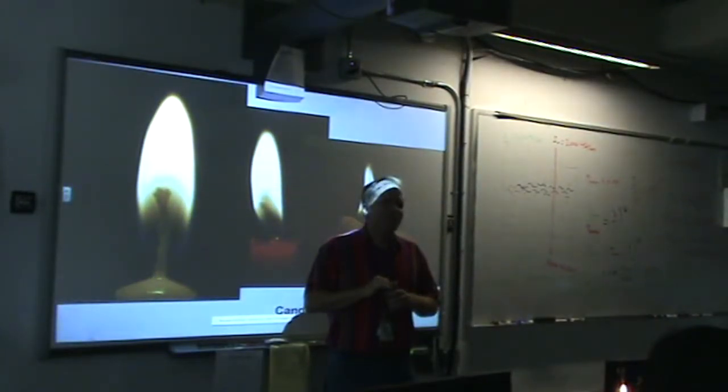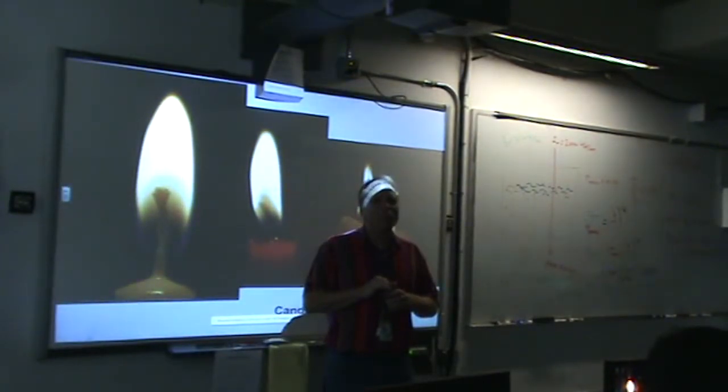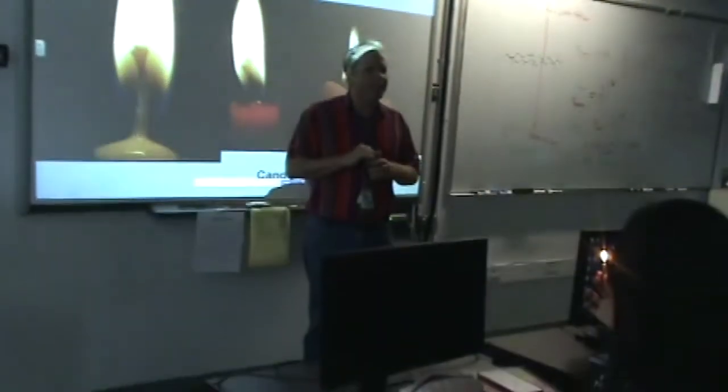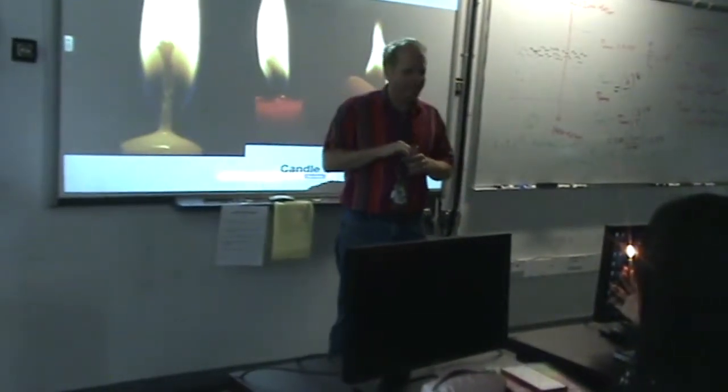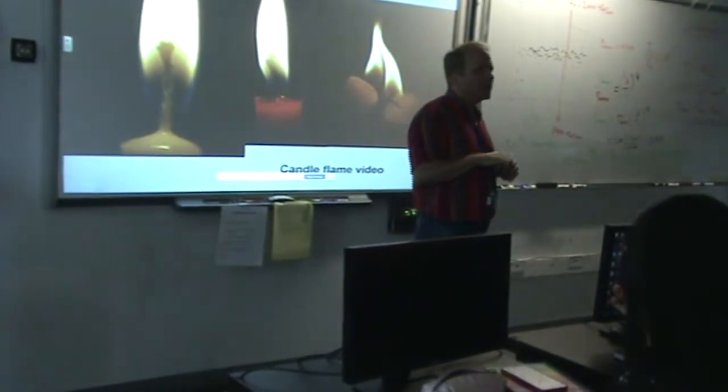No, it's hotter near the wick. So why don't you see anything? Beyond the blue, is there any light? There is electromagnetic radiation. Go past the blue, past the violet, ultraviolet. There's actually ultraviolet light coming from right near the wick.